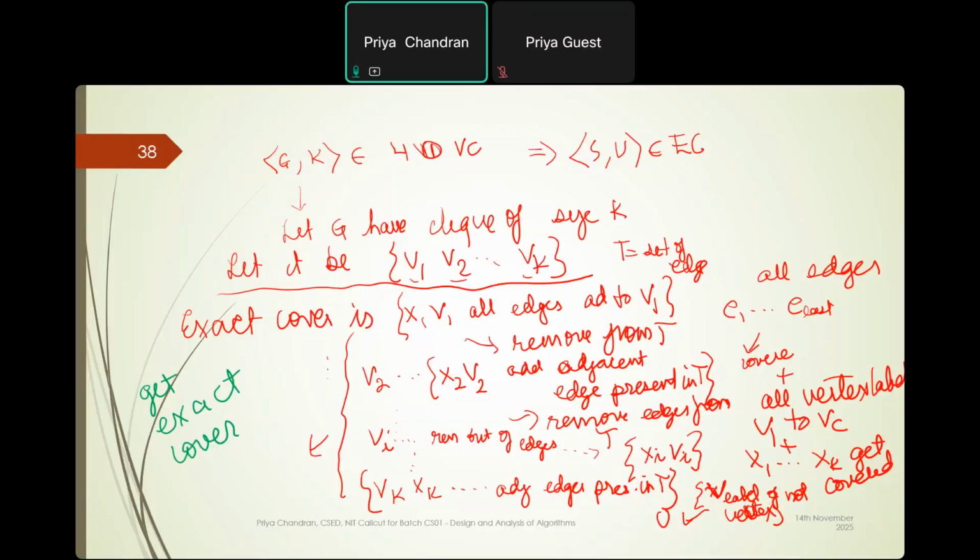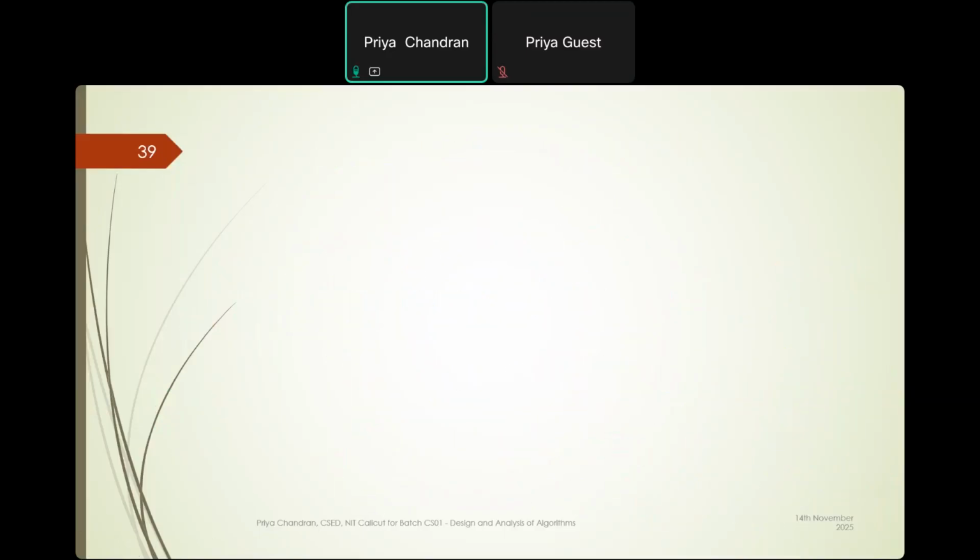I can illustrate this process with the example next. So for example, in our case, when we take x1, let our vertex cover be A and B. We take x1 along with A and the adjacent edges E1 and E2.